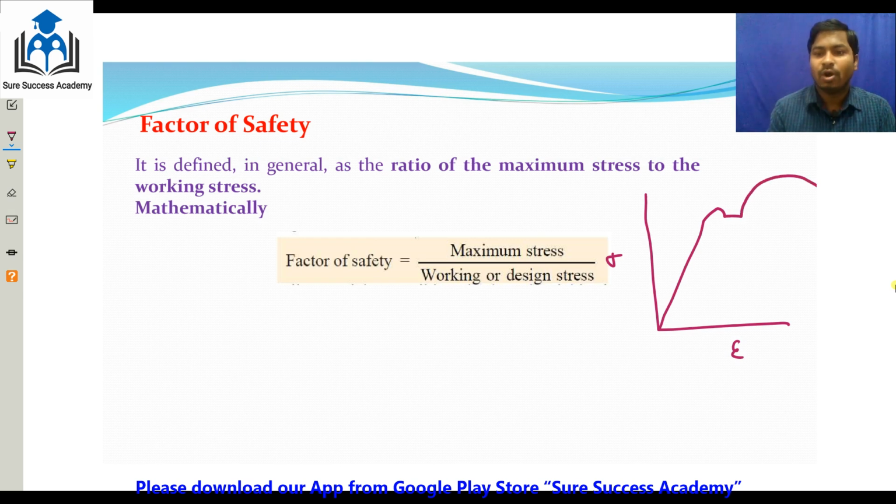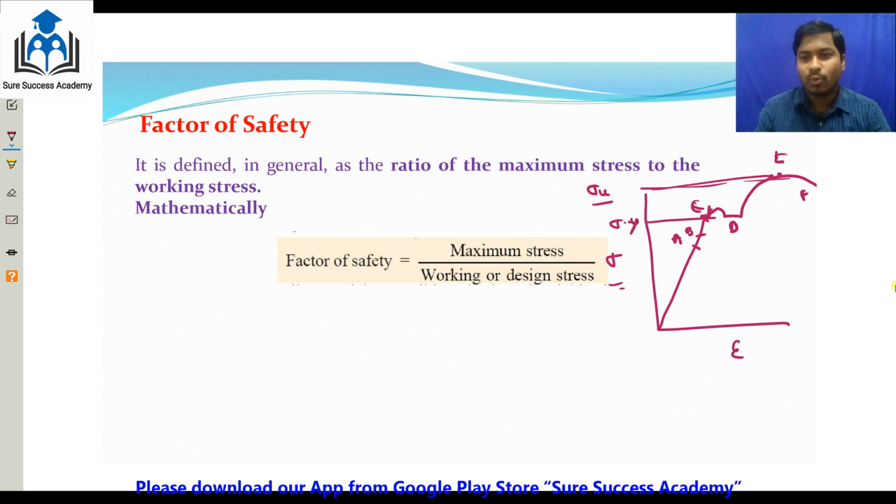Up to this point is the ultimate stress. Let this be A, B, C, D, E and F. Suppose E is the ultimate stress, and you take the yield point as well. Okay.